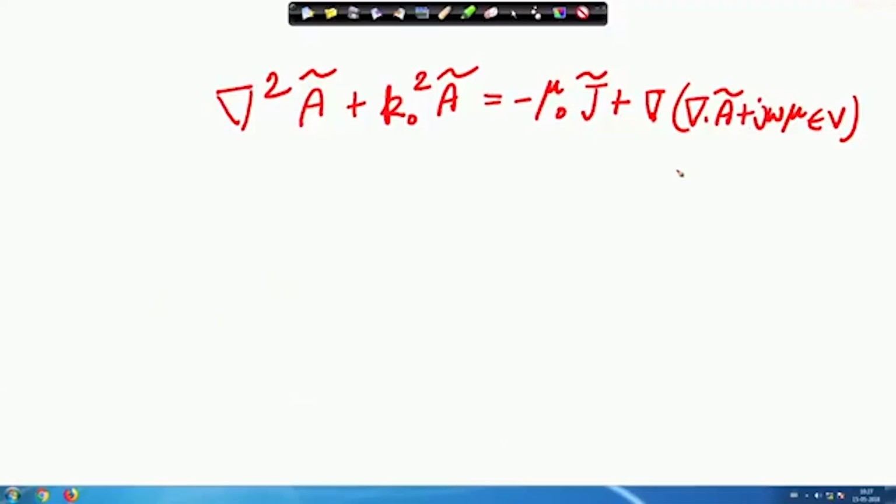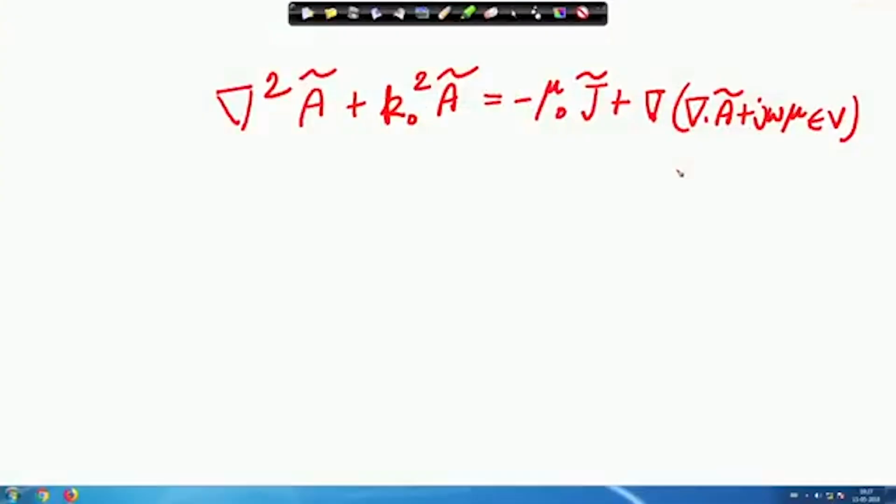So, that electric and magnetic field gets specified.